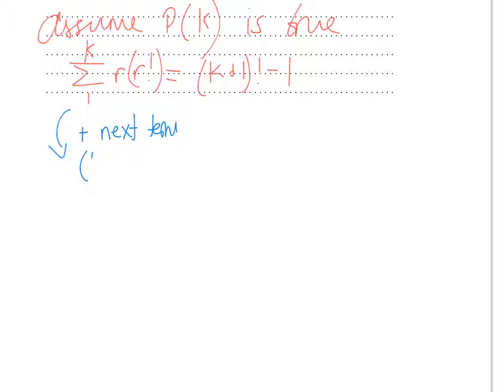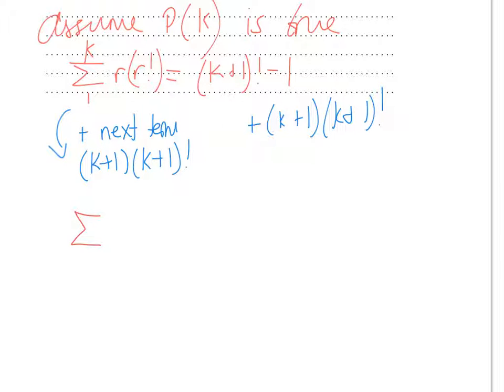It's k plus 1 times k plus 1 factorial. And I've got to add the same on both sides. So the left-hand side just changes. Instead of going from 1 to k, I'm now stopping after k plus 1 terms.